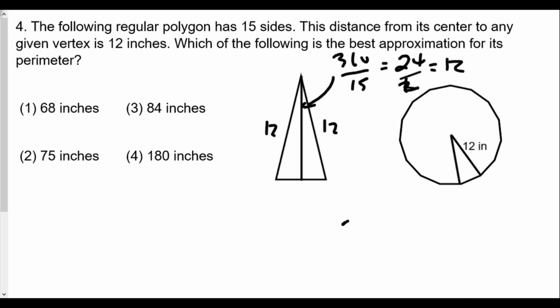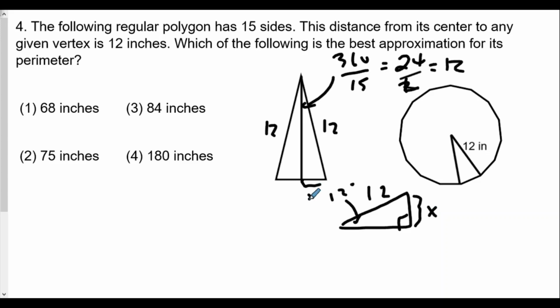Therefore, we're going to have a right triangle where the angle is 12 degrees and this measurement is also 12. We want to find this side here, which we'll call x.